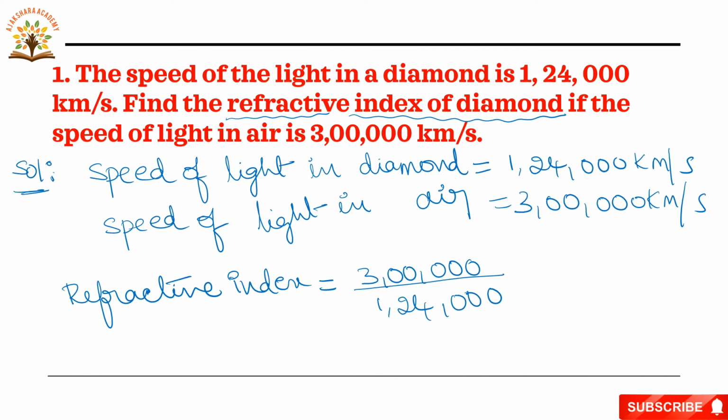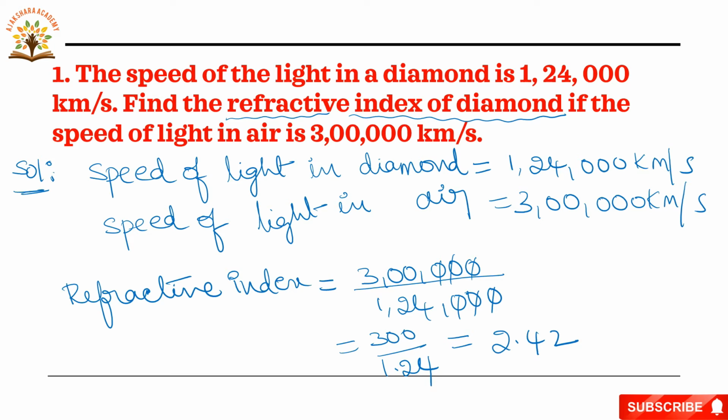Refractive index is equal to speed of light in air or vacuum by speed of light in medium. So here the zeros get cancelled. We are getting 300 by 1.24. This is equal to 2.42. This is the refractive index of diamond.